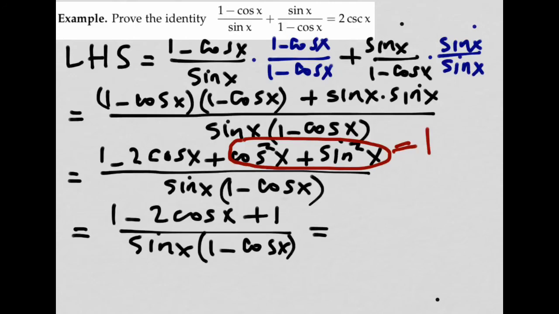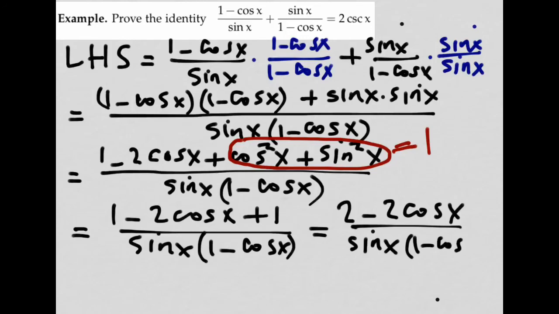Moving on, the last expression is equal to 2 minus 2 cosine x divided by sine x times (1 minus cosine x).